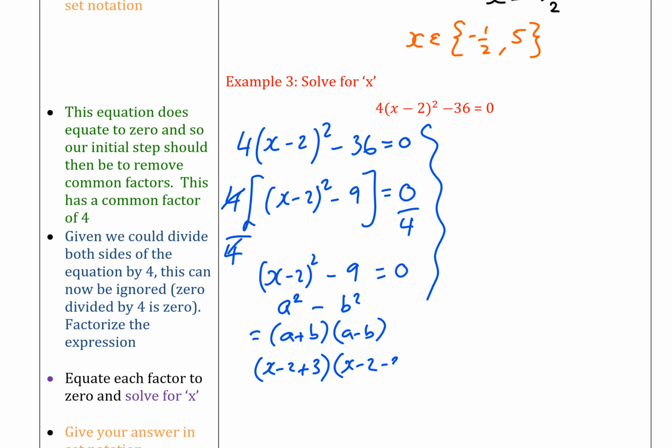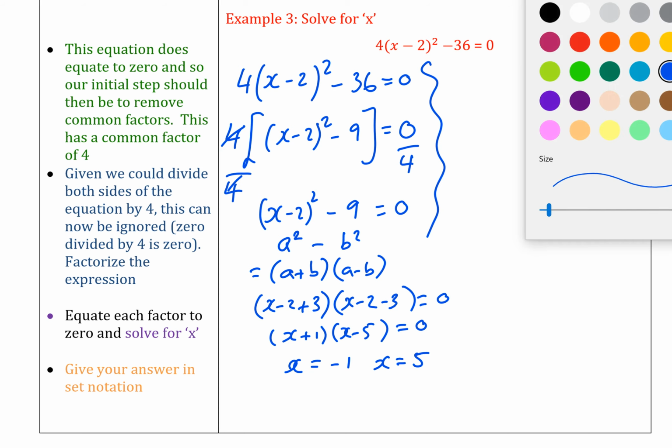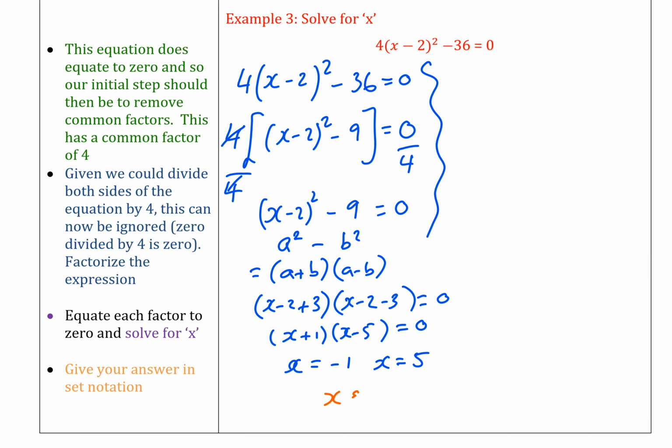And so in that regard, I've got x minus 2 plus 3 and x minus 2 minus 3. Or x plus 1, x minus 5 is equal to 0. So here, x is equal to negative 1, x is equal to positive 5, and as set notation, x is an element of negative 1, 5.